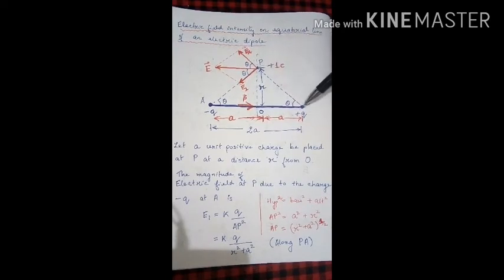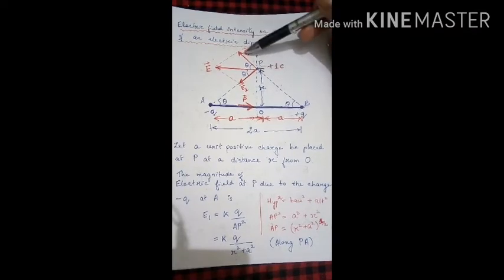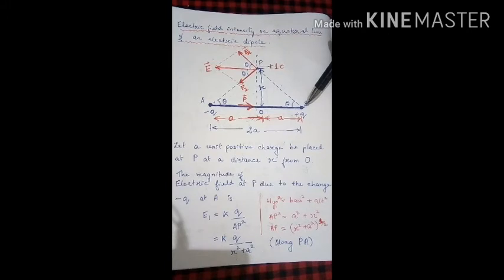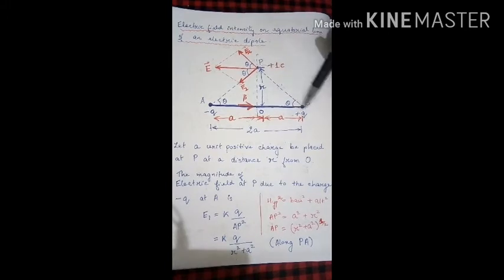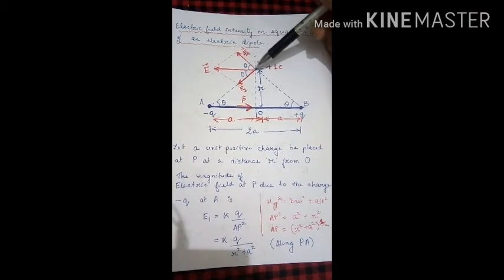The positive charge will repel the unit positive charge, so it experiences a force along this direction. So we get an electric field intensity in this direction due to this charge.